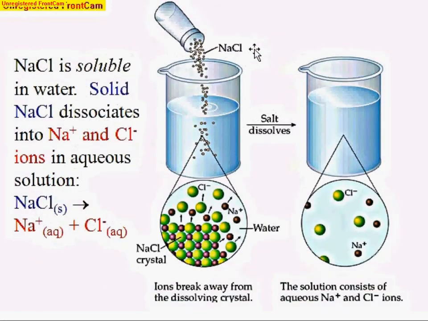If we look at salt, table salt, NaCl, it's a soluble substance, which simply means that when it is added to water, it's going to ionize, or as you can see here on the slide, dissociate. And it's going to break the bond between the sodium and the chloride and release it back into ion form. So when I add the crystal form of salt into the water solution, it dissolves and we no longer can see the crystal forms.